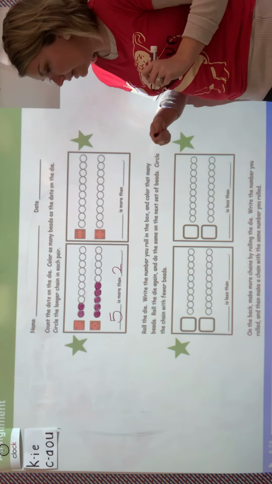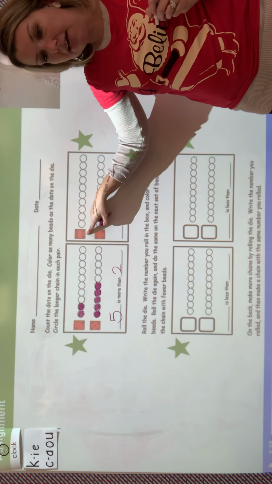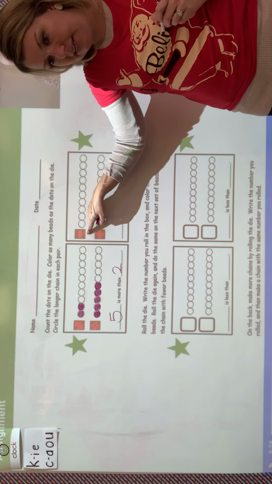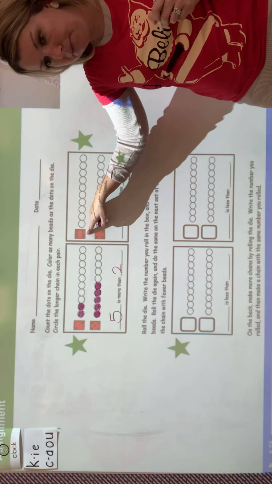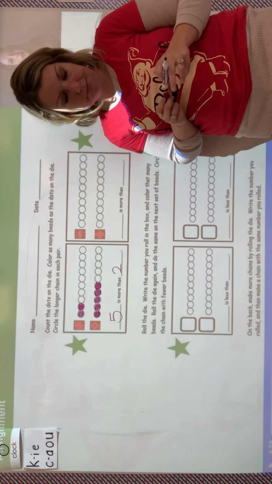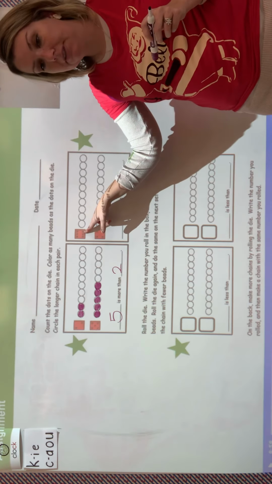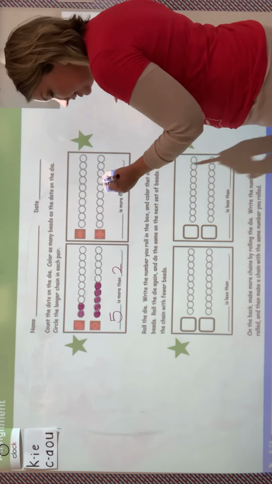Okay, now let's move on to our next one. How many dots are on this dice? Raise your hands. The top one? Yeah, right here. 6. 6.